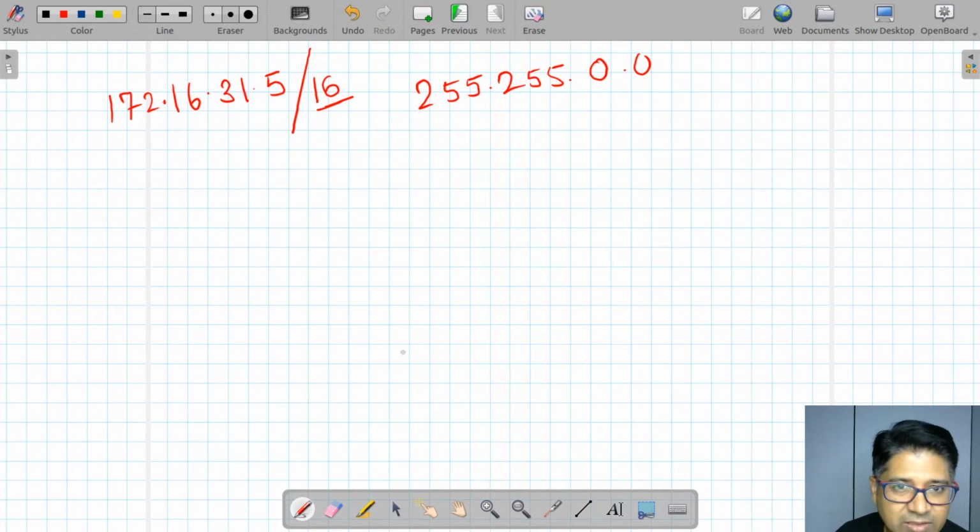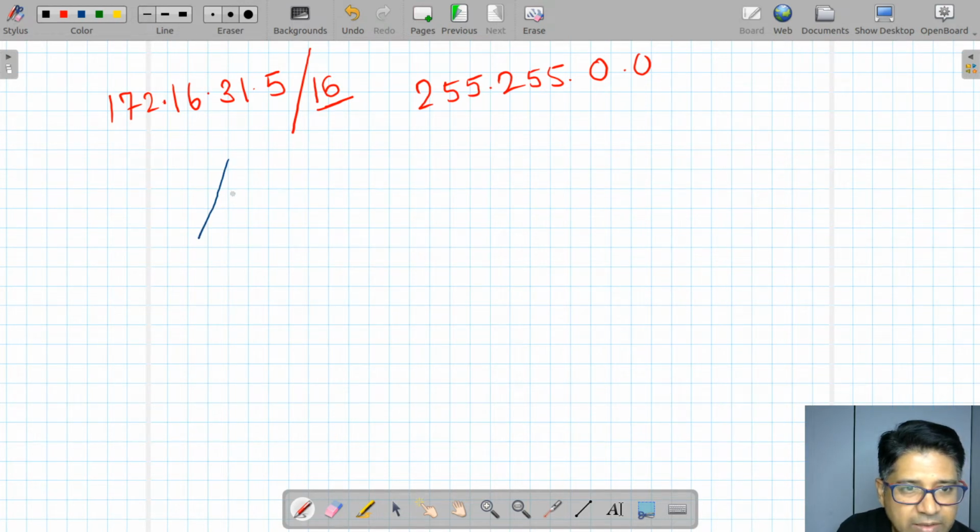Okay, excellent. So let's practice a few CIDRs. By looking at the CIDR, you have to give me the subnet mask. Let's practice a couple of them, then we will move to the other side.